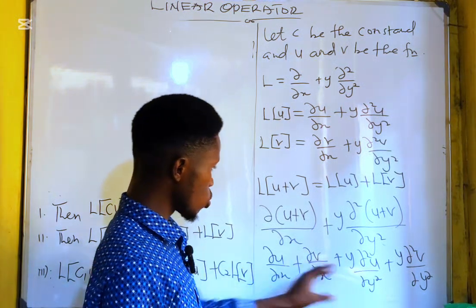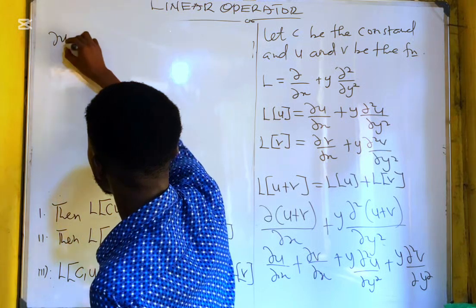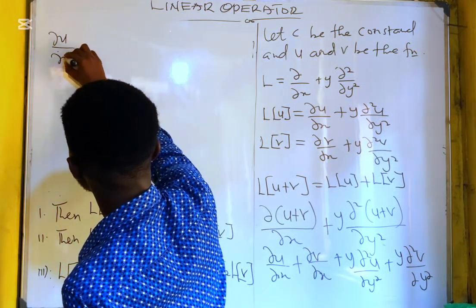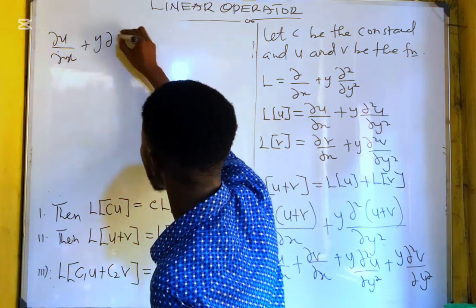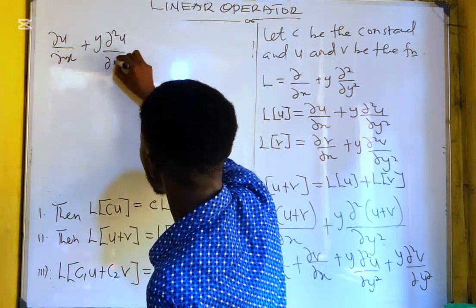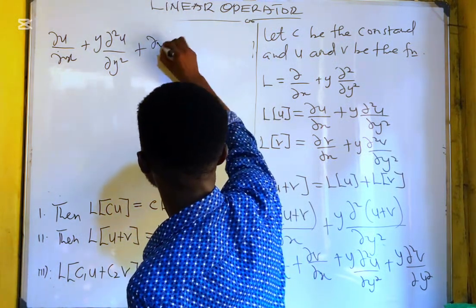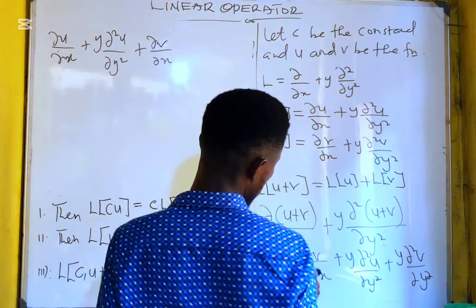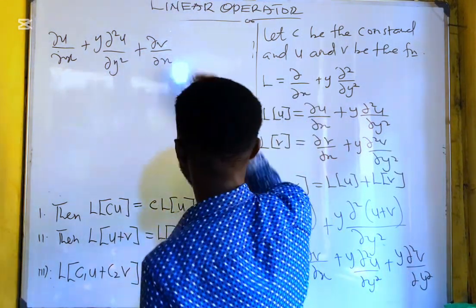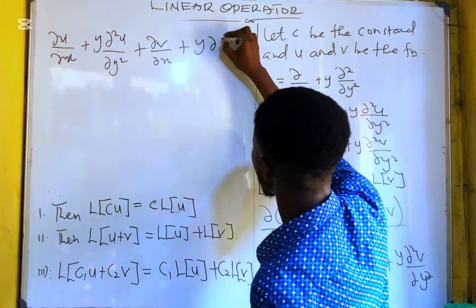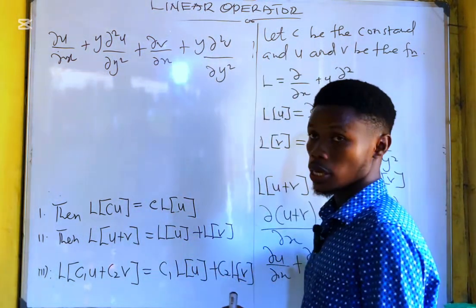So this is u, this is u. So you bring the u together. We have ∂u/∂x plus y ∂²u over ∂y squared plus now ∂v/∂x plus y ∂²v over ∂y squared. Is that okay?